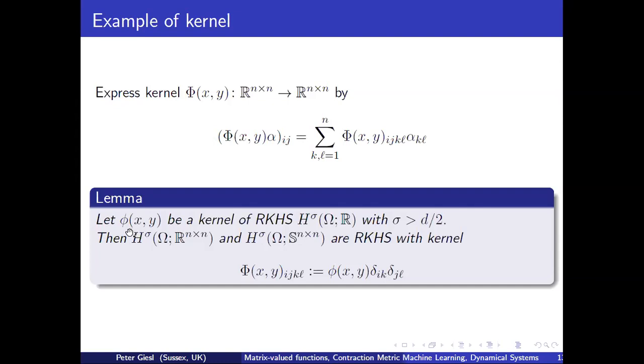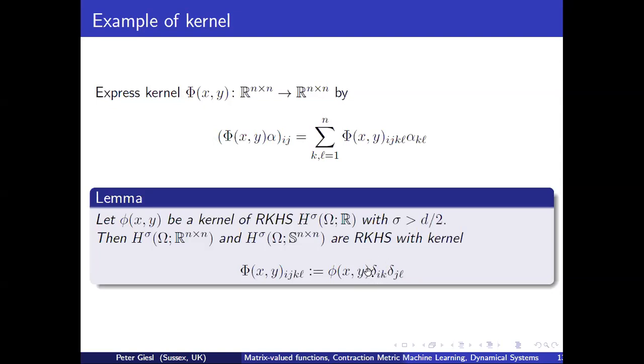And the lemma is, if small phi is a kernel of the scalar valued RKHS, and we need this so that it's actually an RKHS, so this is a Sobolev space, I should say, then the matrix valued and also the symmetric matrix valued Sobolev spaces are reproducing kernel Hilbert spaces, and the kernel is just given by that phi, which is a scalar valued function, times these deltas.